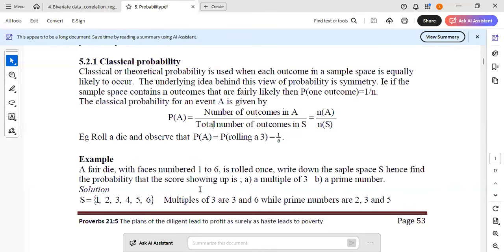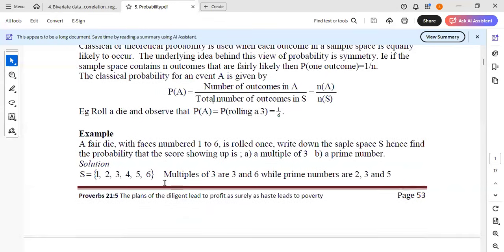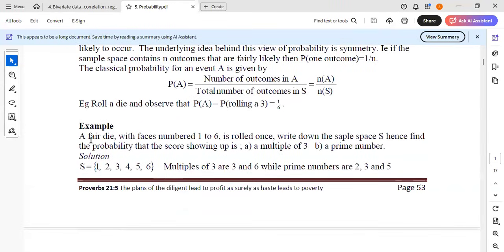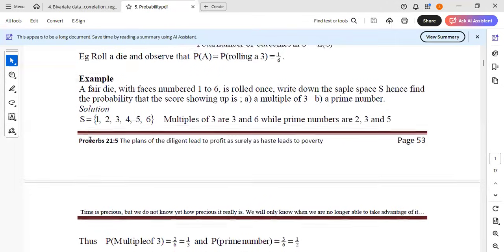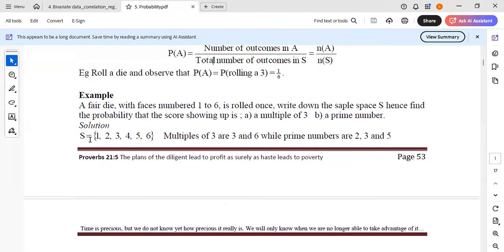And you can see another example case here. I'll give you time to just write down this question. A fair die with faces numbered 1 to 6 is rolled once.